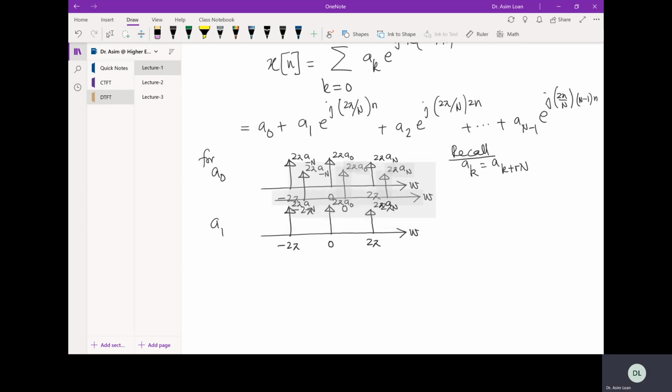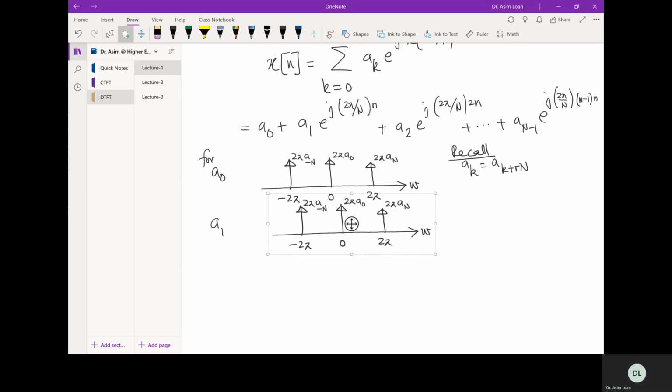So this one is shifted by how much? This one now becomes 2 pi by n. This becomes 2 pi plus 2 pi by n.